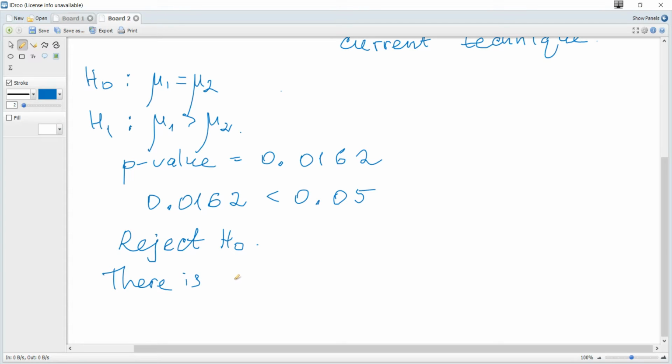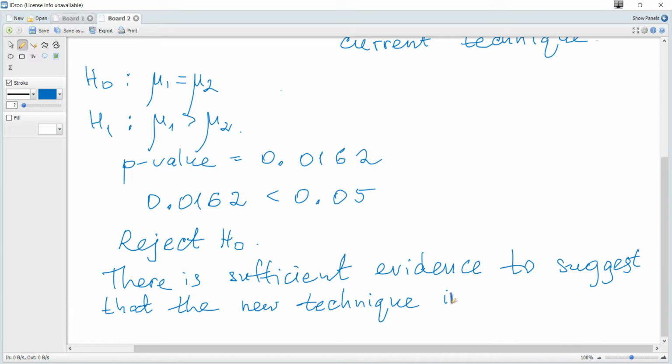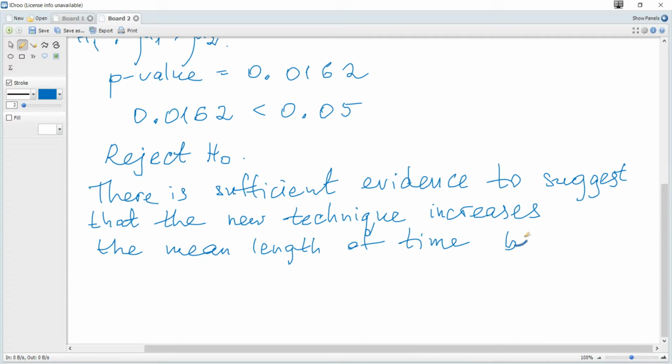There is sufficient evidence to suggest that the new technique increases the mean length of time before the cracks appear.